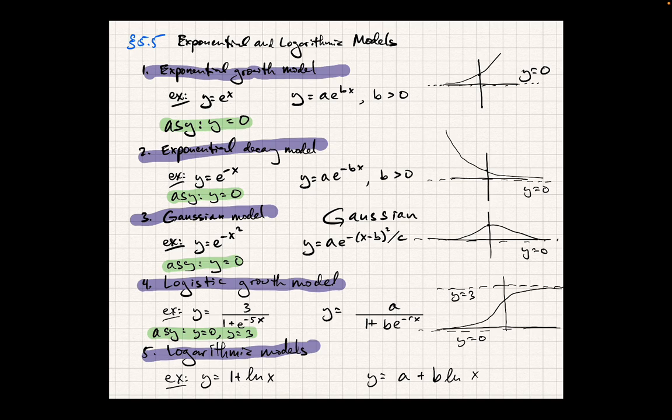What if x is really large and negative, like negative 5 trillion? It would go towards a very big number. This is minus 5 times minus 5 trillion, so that's e to the 25 trillion. Look at this e to the x.